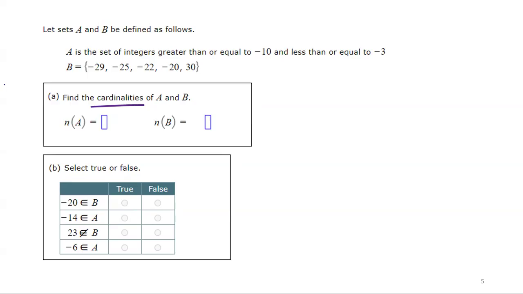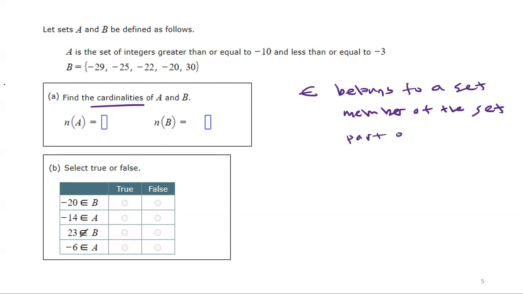So this looks like an elongated E, right? This means it belongs to a set, or a member of the set, or it's part of the set.